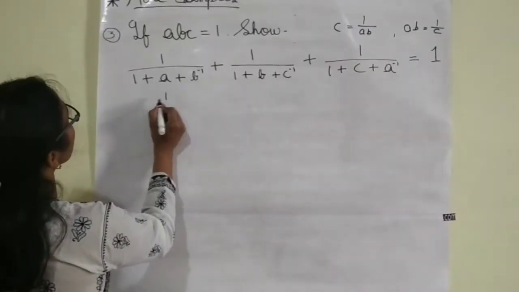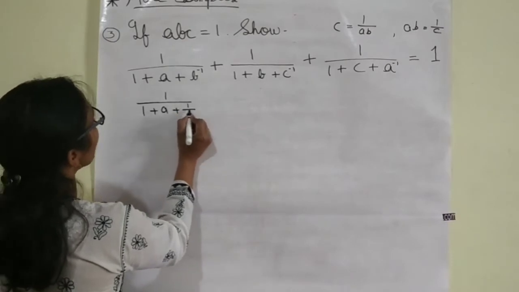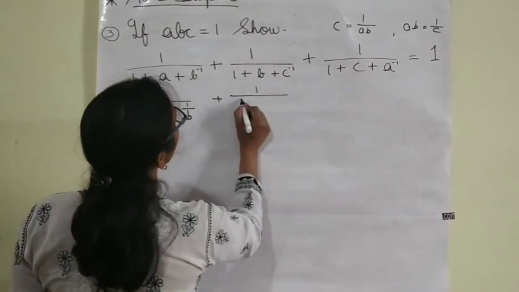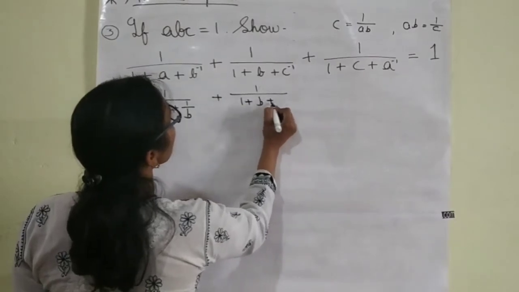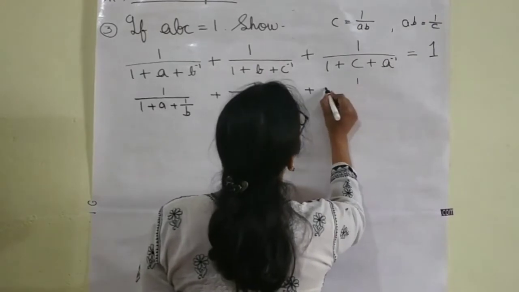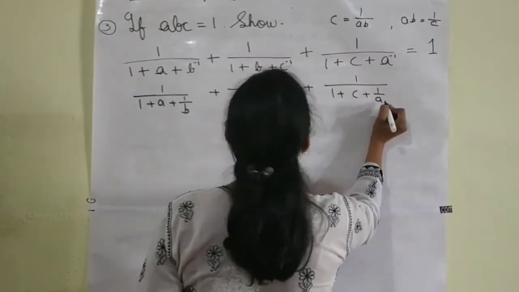Now, it will become 1 upon (1 plus a plus 1 upon b) plus 1 upon (1 plus b plus 1 upon c) plus 1 upon (1 plus c plus 1 upon a).